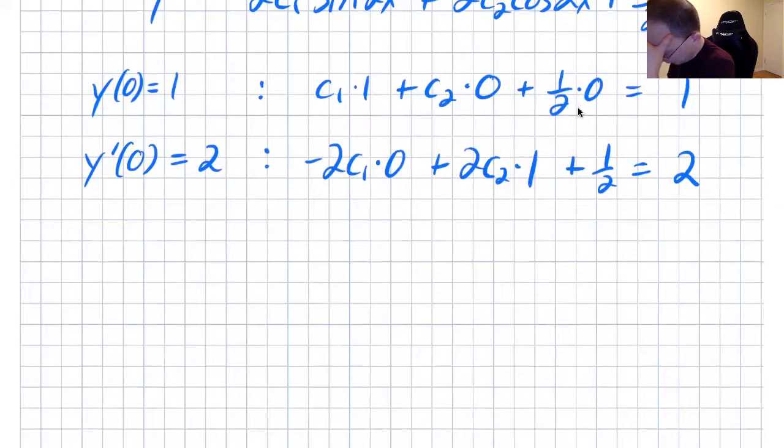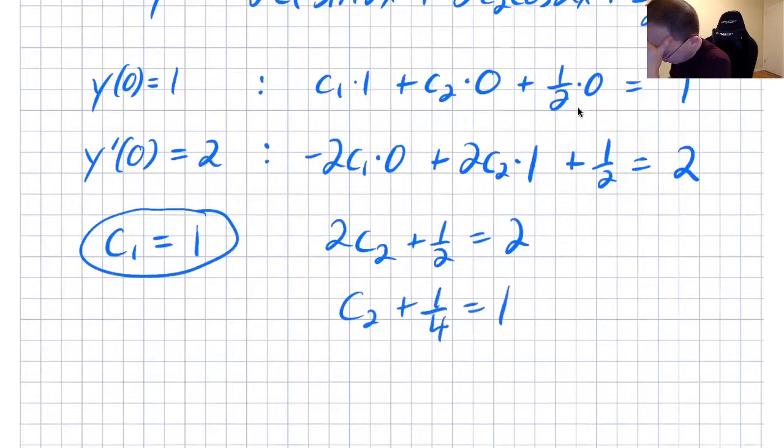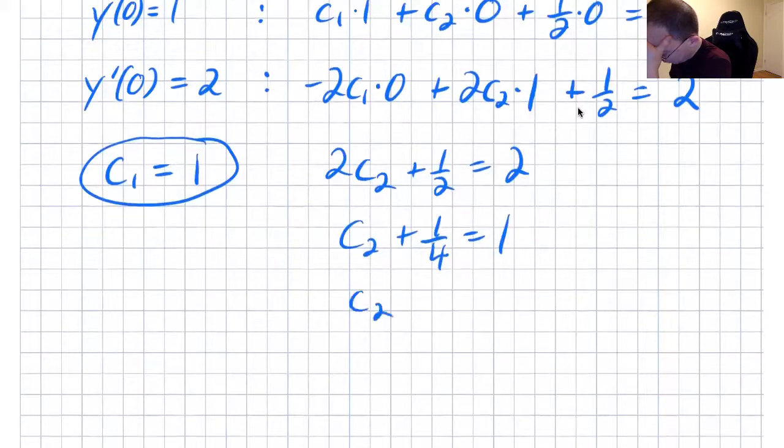So what do we get? So the first equation tells us that c1 is 1. And the second equation says 2c2 plus 1/2 equals 2. Divide everything by 2, I guess. And then subtract 1/4 from both sides. We get 3/4 on the right.